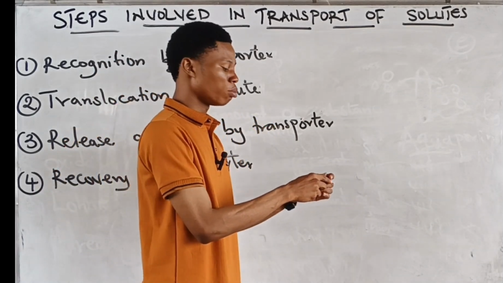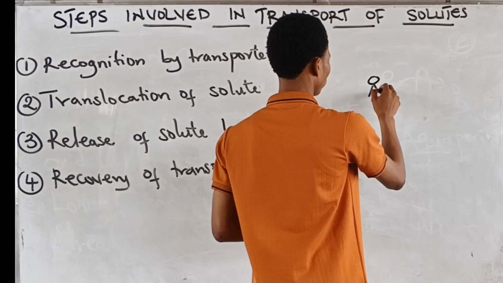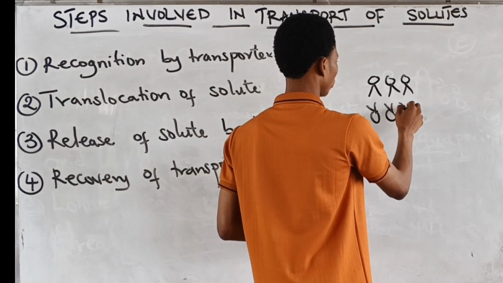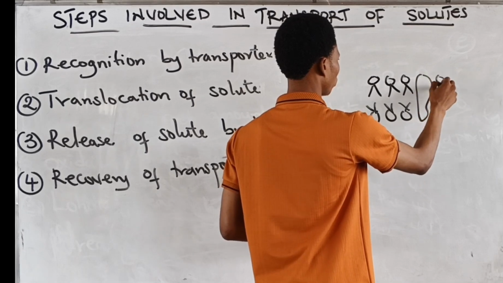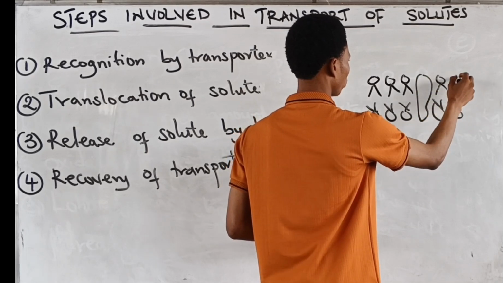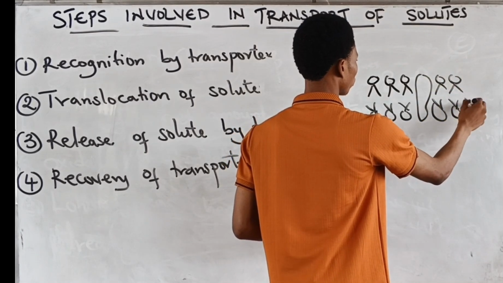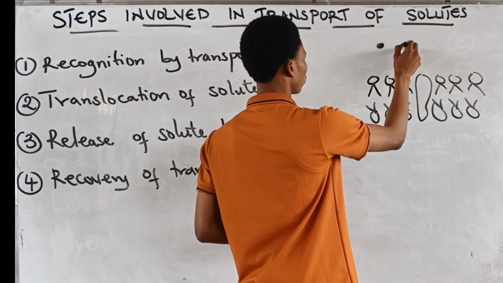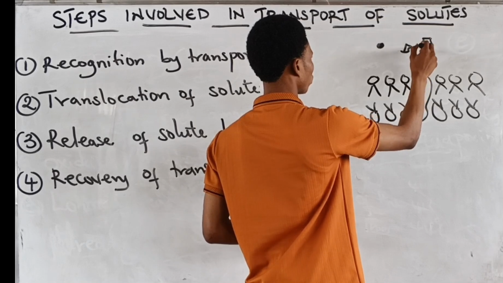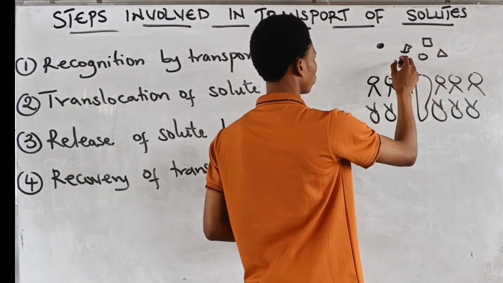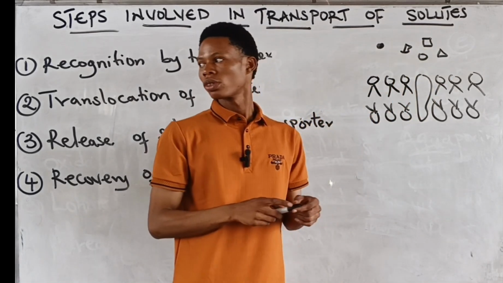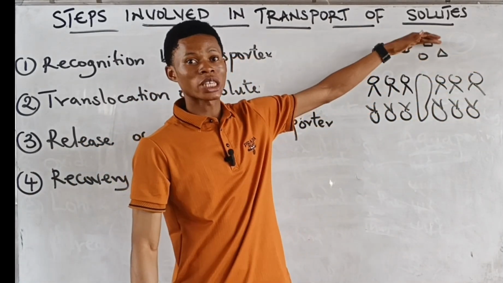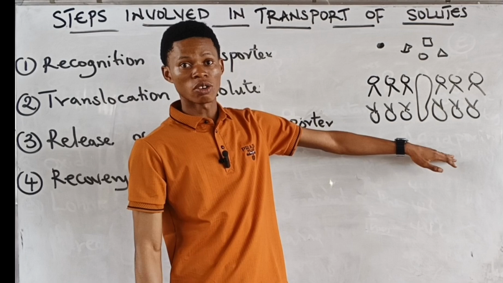Now look at this as the cell membrane. This is the cell membrane, this is outside of the cell, and this is the inside of the cell.